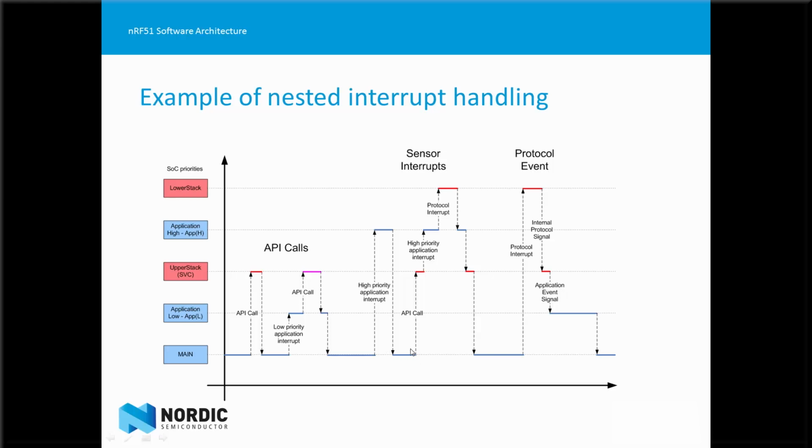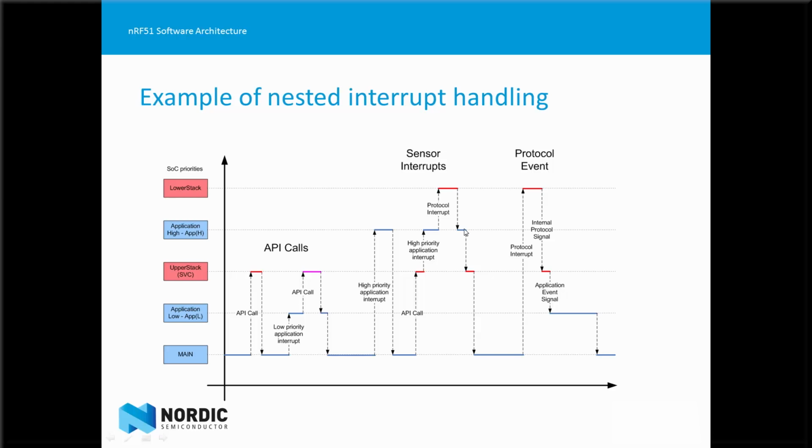And here you see an example of if you do an API call and then you get interrupted by the high app interrupt, and here you can actually be interrupted by the protocol interrupt, which would be a radio event where the lower stack needs the radio.